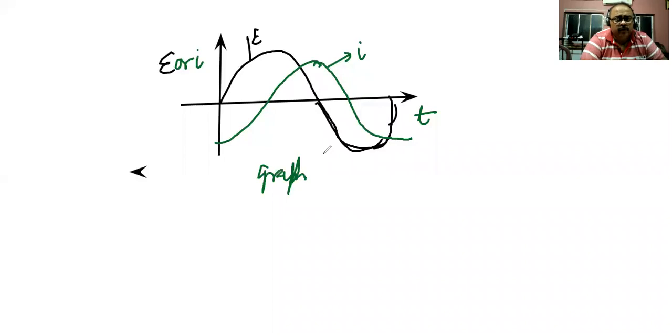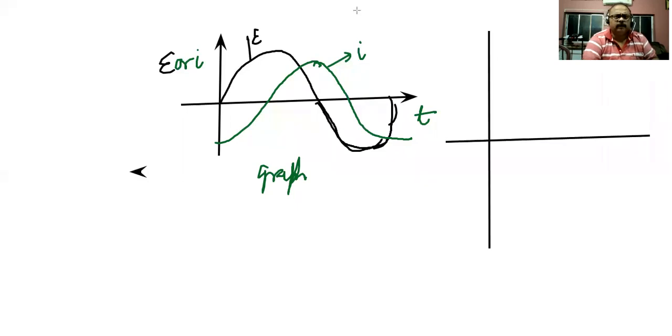Now if I try to show the phasor representation, which I have already shown when I was discussing the concept of the pure resistor, it can also be shown like that in this case. So this is the phasor diagram I wanted to show. Suppose this is your EMF, and the current was already lagging behind, so I can show the current something like this.